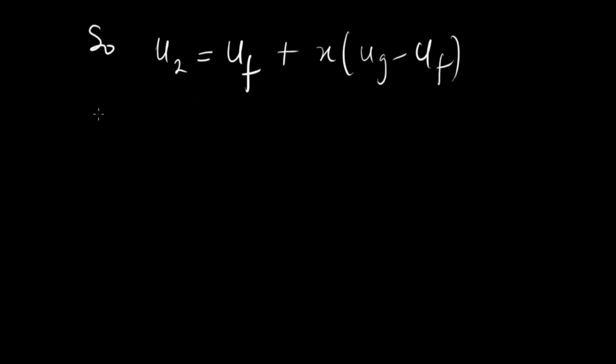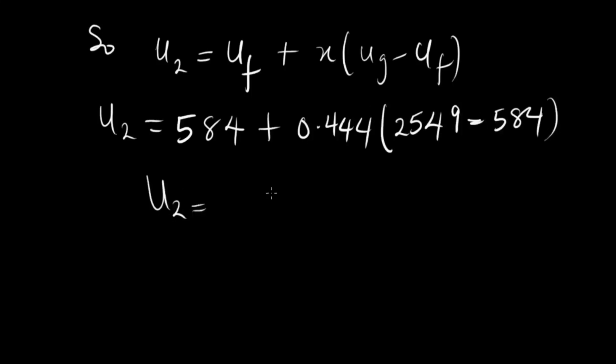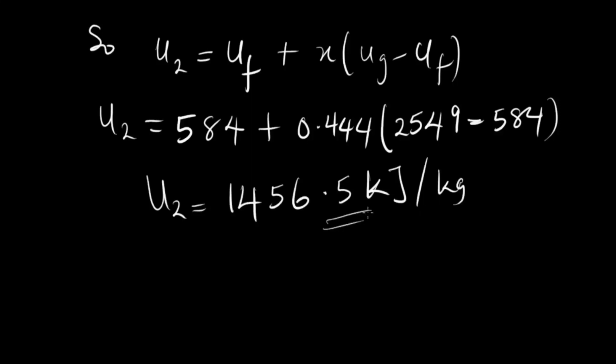So U2 is equal to, we got the value of UF was 584, plus 0.44 times UG, which is 2549 minus 584. So doing this, we have that our U2 will be 1456.5 kilojoule per kilogram. So that's it.